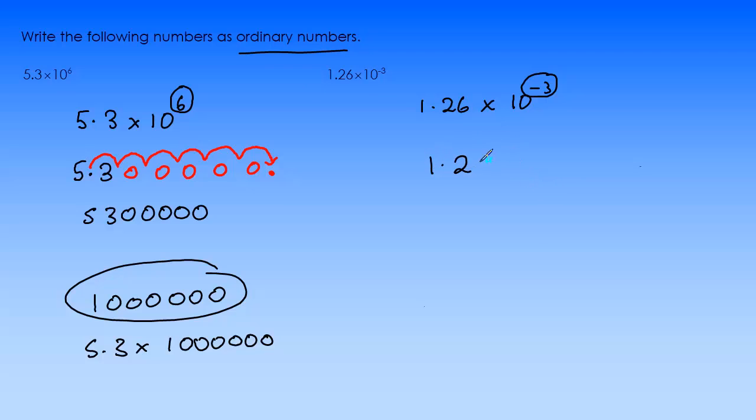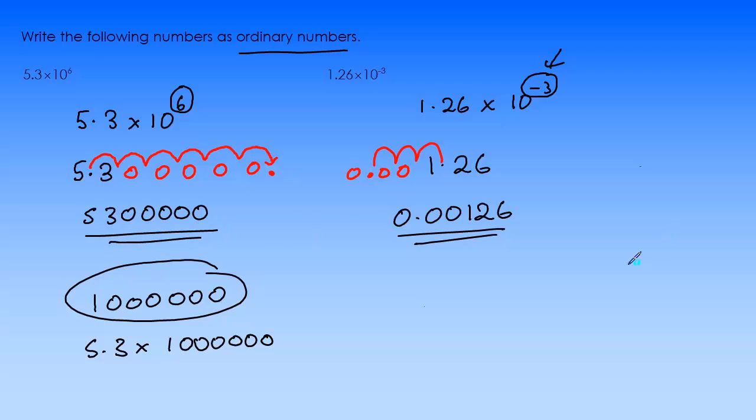So what we need to do is move the decimal point 3 places in a direction that will make the number smaller. So 1, 2, 3. The decimal point would go here. The blank places need zeros, and we put a 0 in front of the point. So our answer is 0.00126. Let's underline the answer over here as well.